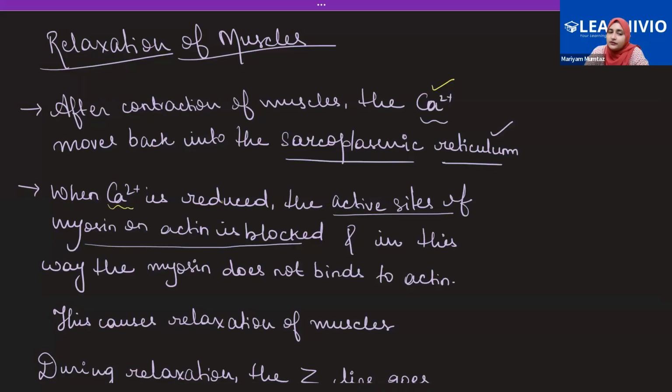When the calcium is removed, the troponin which was binding with the calcium has nothing to bind with. So the troponin will again mask the actin, as a result of which myosin cannot bind with the actin again, and the muscle will now relax.